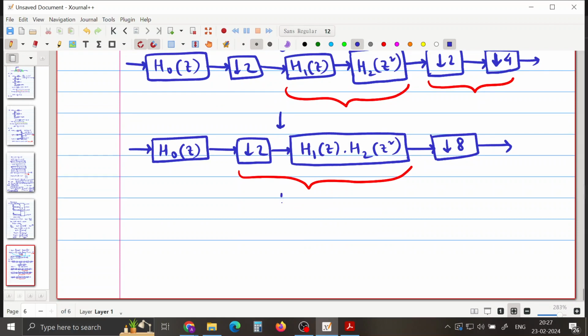So that leads us to h naught of z. Now this filter comes in front, and it will basically become h1 of z squared times h2 of z to the power 4 effectively.